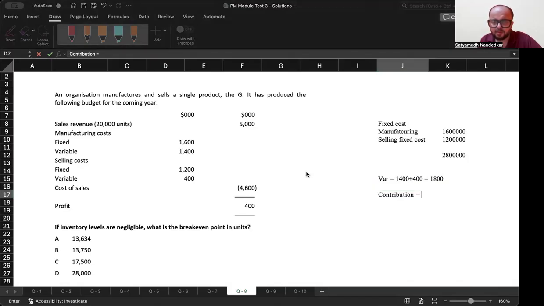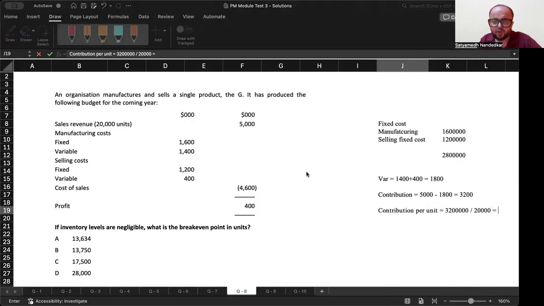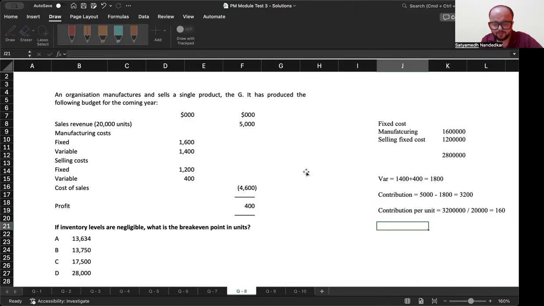Contribution is sales minus all the variable costs, which is 3,200. So total contribution is 3,200, and then I need my contribution per unit. Okay, 3,200. This is expressed in thousand. So divided by number of units, which is 20,000. How much will be your contribution per unit? 160. So break even point in units is fixed cost 28 lakhs upon 160, which is 17,500. Your correct answer is option C.